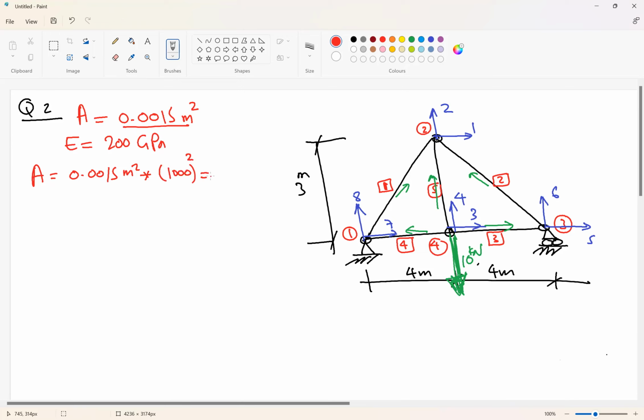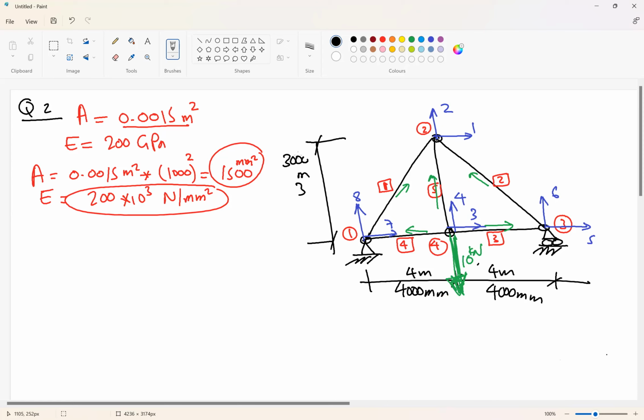E is 200 times 10 to the power 3 Newton per millimeter square or megapascal. The dimensions will be 4,000 millimeter, 4,000 millimeter, 3,000 millimeter. So all our dimensions in this problem are in Newton and millimeter, just to make it easier and to follow the previous example.